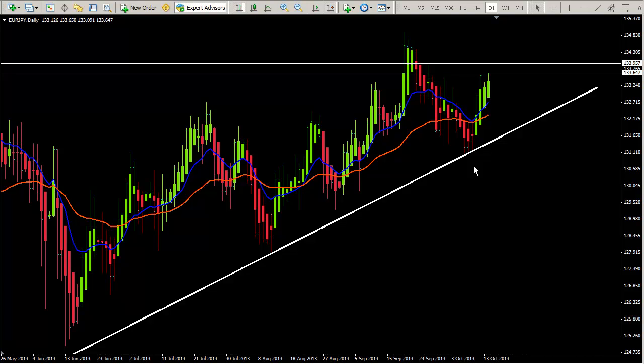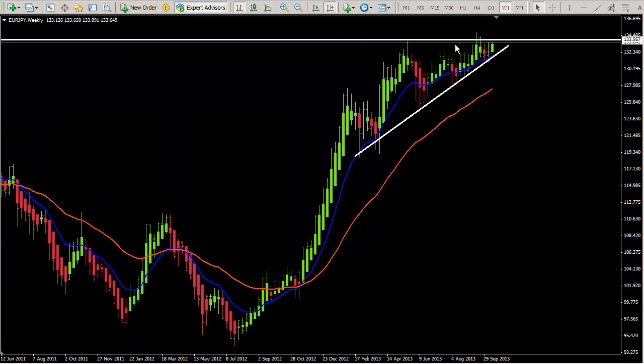Okay, so did we identify this wedge here and the bounces on the support line, but knowing that it's going up? Yes, right? Exactly.